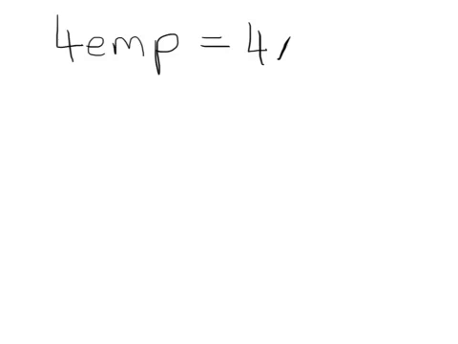Another big question is, well, what do these terms mean? What does it mean if I have 4emp? Well, that means I have 4 lots of e, lots of m, lots of p. When they're all together like this, it means they're all multiplied.